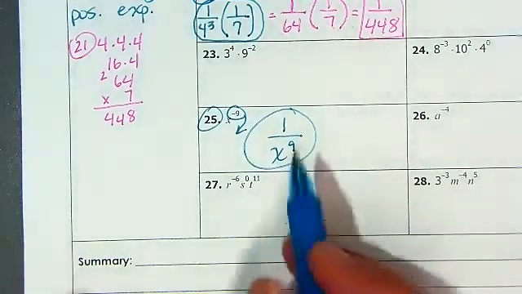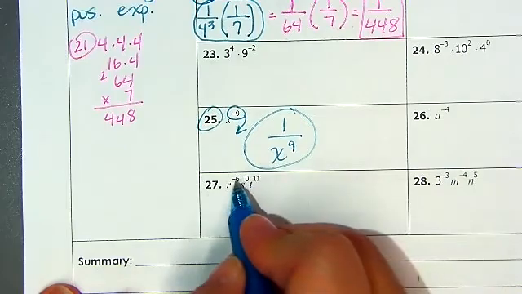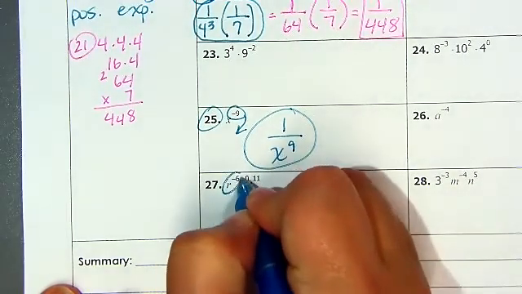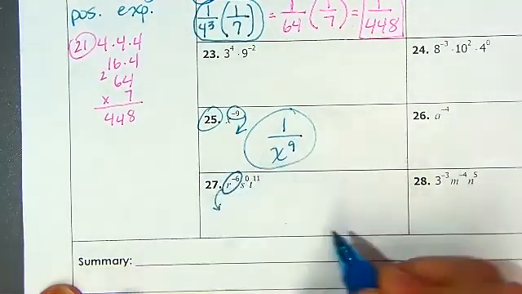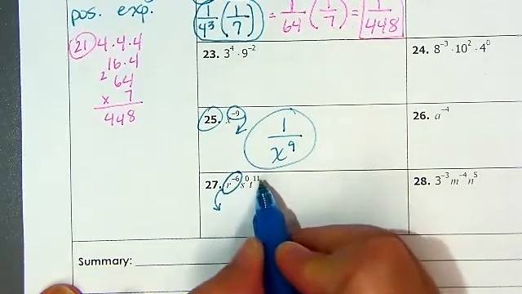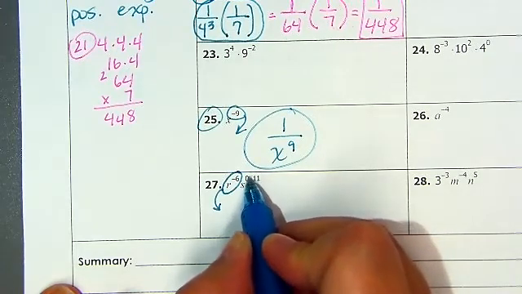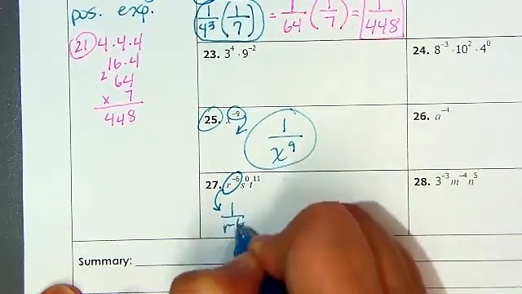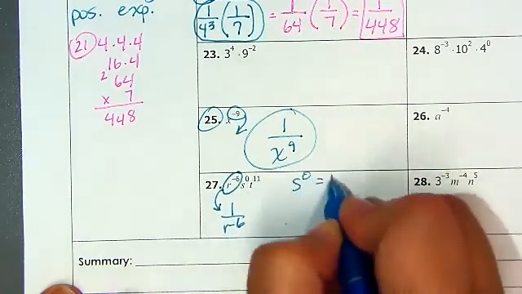All right, looking at 27. If it's a negative exponent, I move it to the bottom. The r here is the only one with a negative exponent. So that's the only one that's going to be moving to the bottom. The rest are positive. When I look at this, this is s to the 0. So therefore, I'm going to now have 1 over r to the 6th, s to the 0. Remember, s to the 0 is going to equal 1.